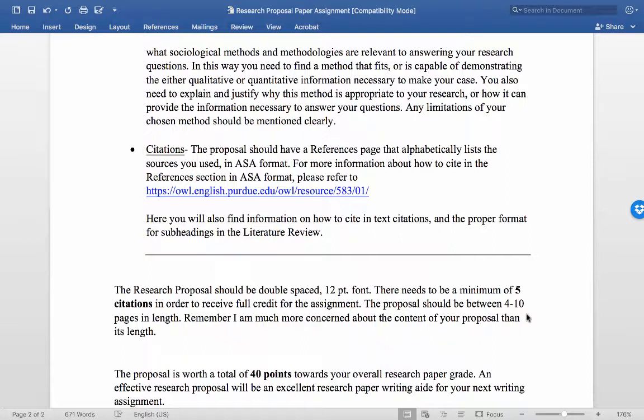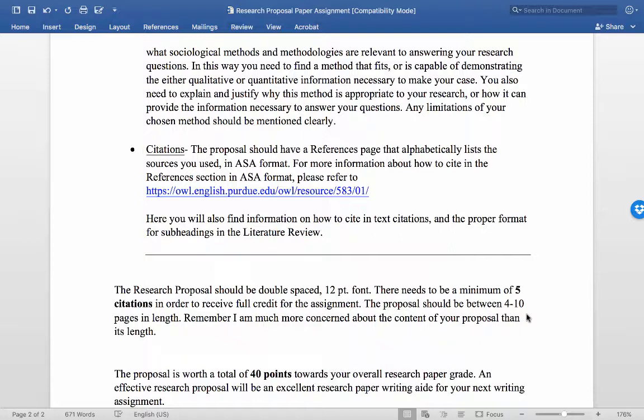So basically the hanging indent just means that the last name of the author that's alphabetical goes all the way left justified, right? But then the next lines that follow it are all indented to the right.